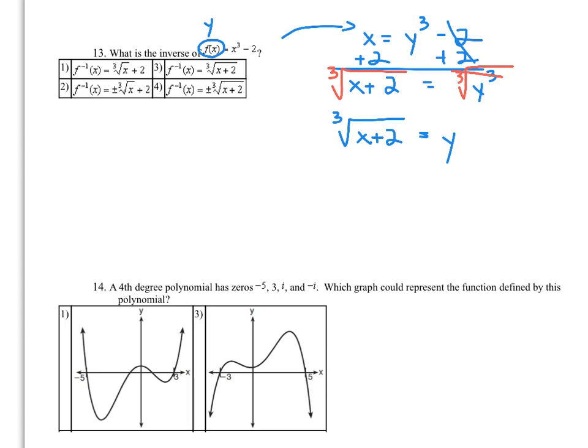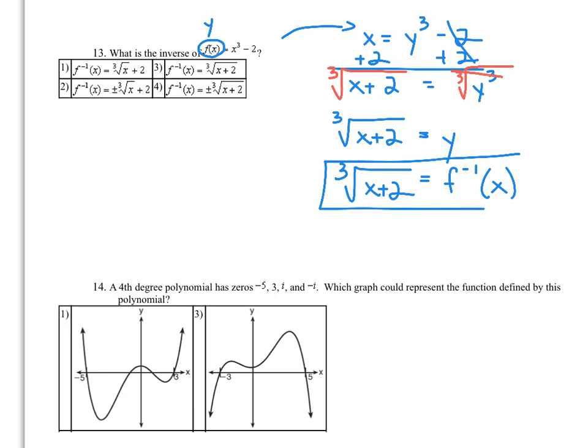Now, if you look at the choices, they all say f inverse, so we're going to just replace that because that's the function notation. Then we have the cube root of x plus 2. So there is our inverse equation. And then we just look at what we got here, and that's choice 3.